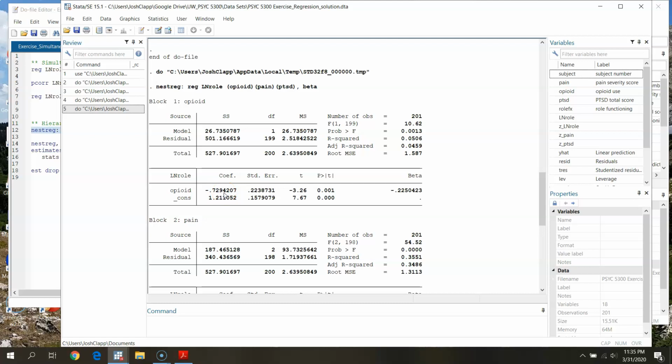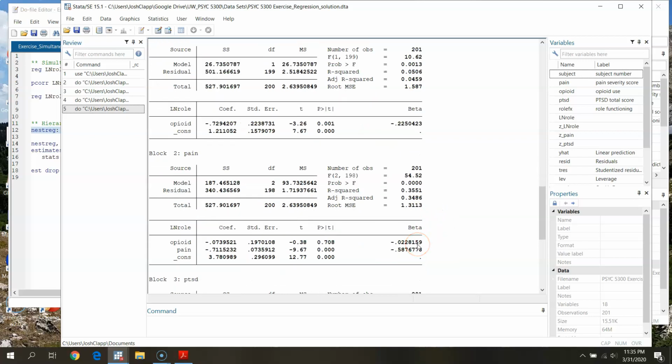Opiate use alone in a bivariate regression model looks like we have reasonably strong evidence of an effect here, suggesting that there's about a 23% decrease in role functioning across people who are taking opiates relative to those who aren't, right? And so a reasonable size standardized coefficient here. So if opiate use is the only thing in the model, we're seeing evidence for an effect, okay?